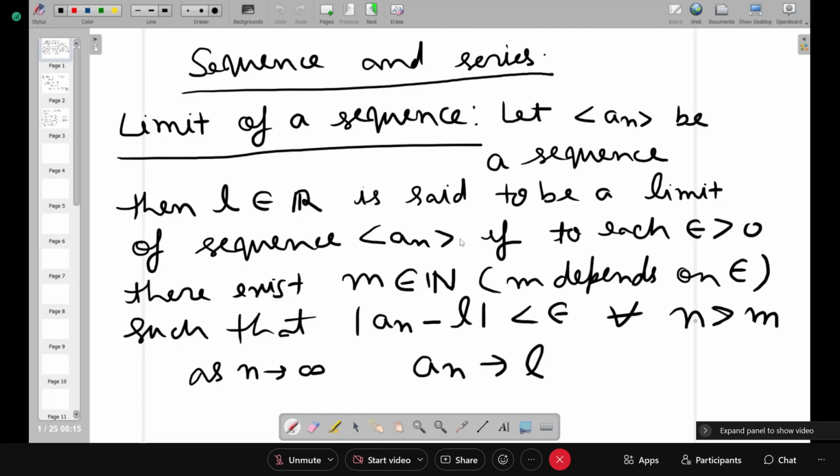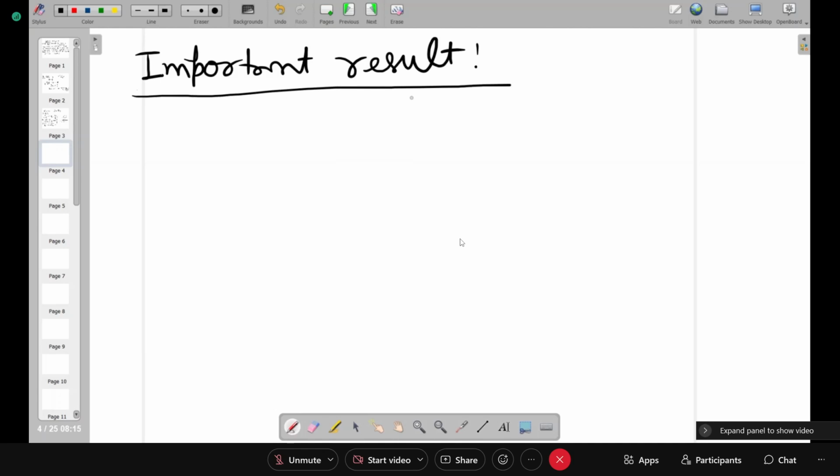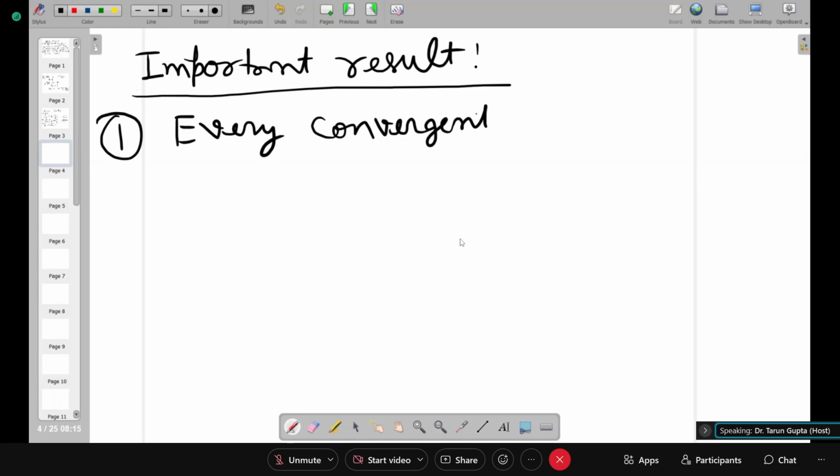Important results are there. Results we have to remember. First one is every convergent sequence is bounded.